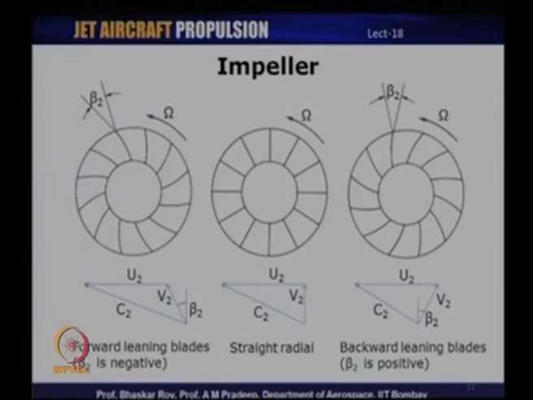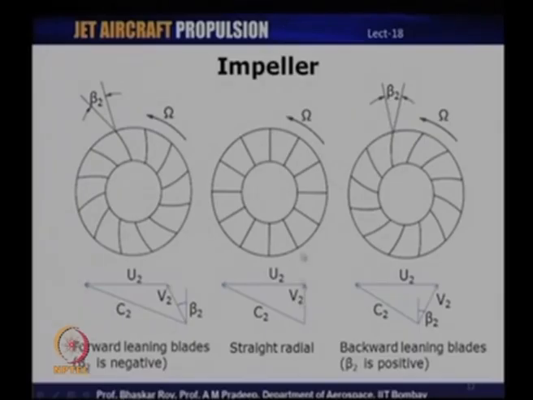They have just been shown schematically here, and the first one that you see here is the forward leaning, then we have a straight radial and a backward leaning. So, let us look at the straight radial first, because that is the simplest one. This impeller consists of blades or vanes which are straight and in the radial direction. So, if this is the direction of rotation, then at the outlet of the impeller, the relative velocity leaves the blade in a radial direction.